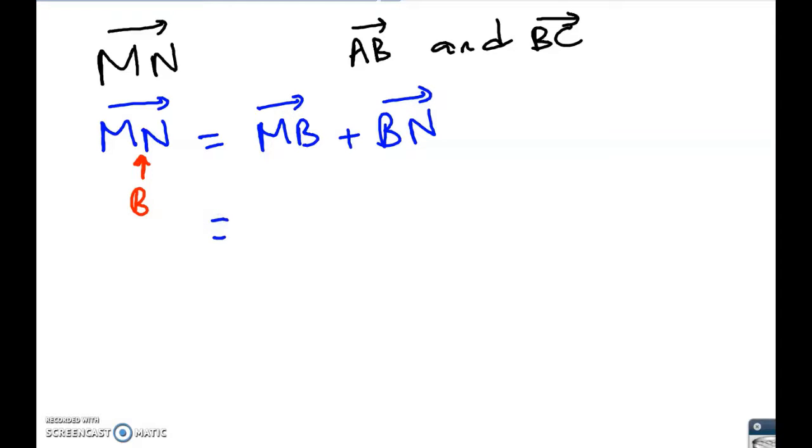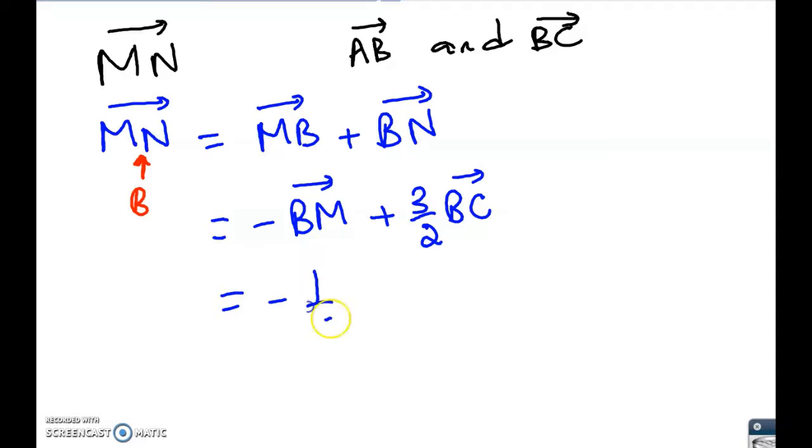Now MB is minus BM, which we already found, and BN is also in the given. So BN is given to be 3 over 2 BC. In the previous part, BM is half AB, so minus BM is minus half AB plus 3 over 2 BC.